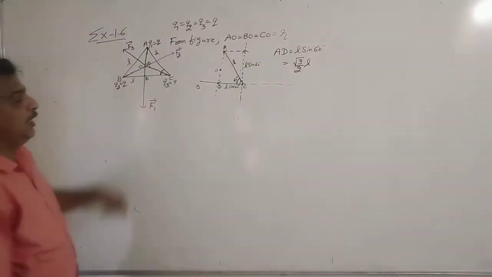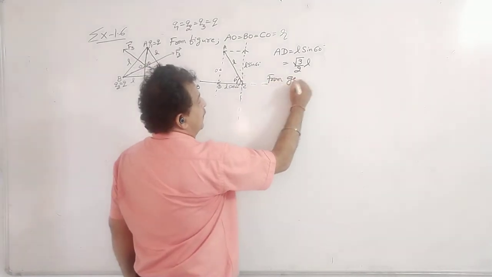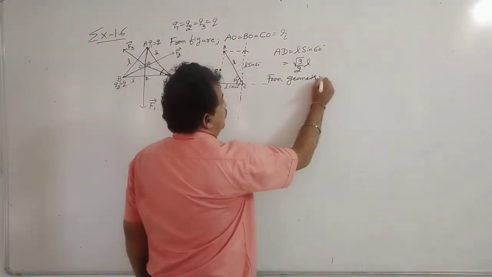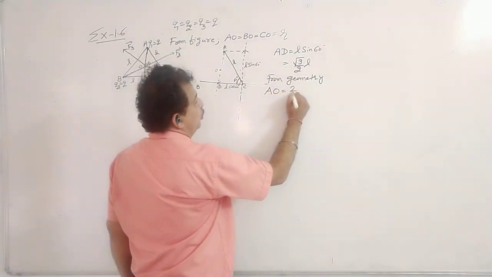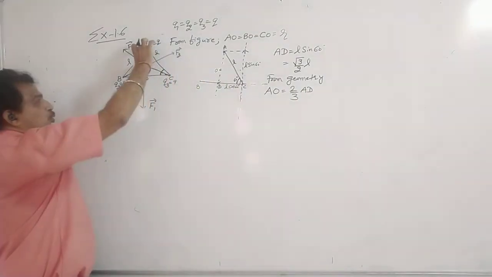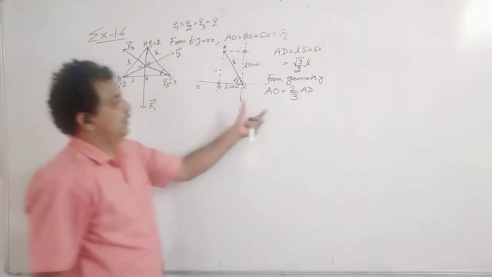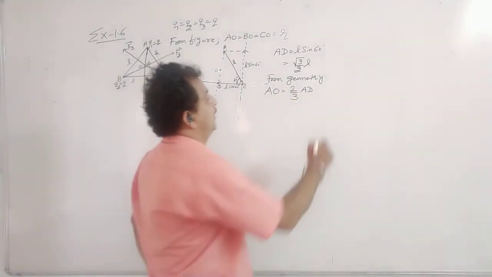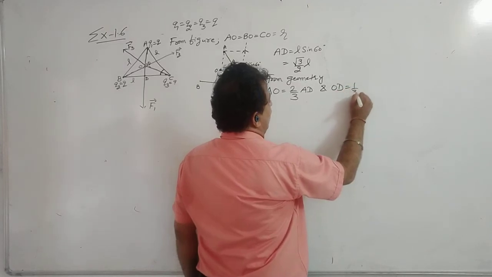For an equilateral triangle, the ratio is 2/3 to 1/3. So AO is 2/3 AD and OD is 1/3 AD.